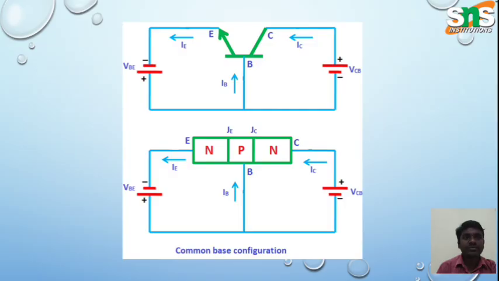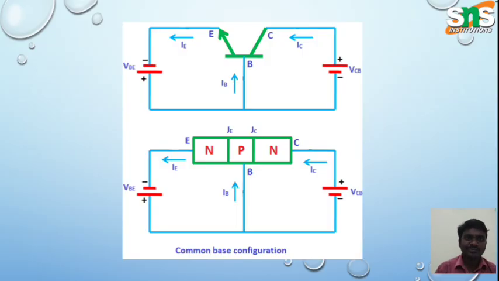The base is connected with the positive of VBE, and the negative terminal of the battery VBE is connected with the emitter. So the current flows through the collector, reaches the base, and comes out from the emitter. The input current flows through the collector and base, and the current IE, the output current, comes out from the emitter terminal. This is the common base configuration.